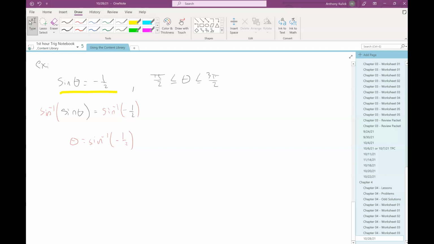Everybody on board still? Okay. So now I'm going to go ahead and think about what I have. Based on this interval, let's say again, let's say we want the exact value because I want to use the unit circle for this one.